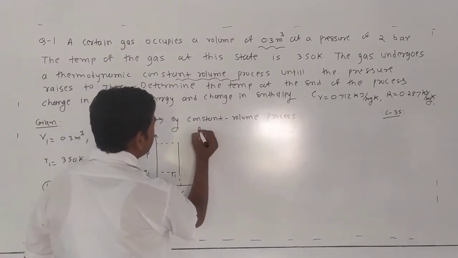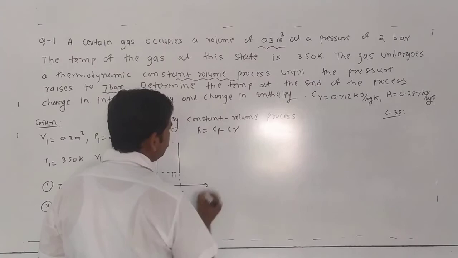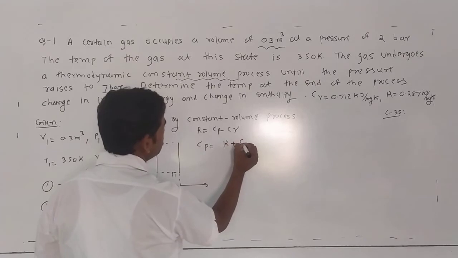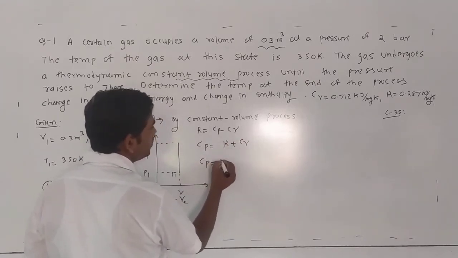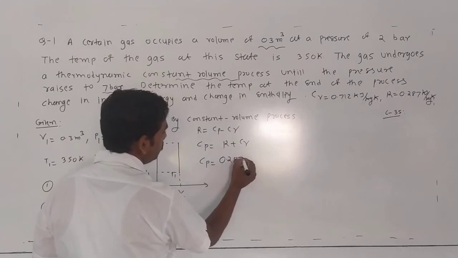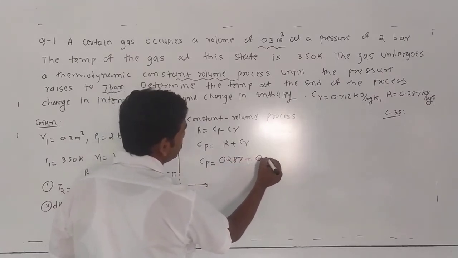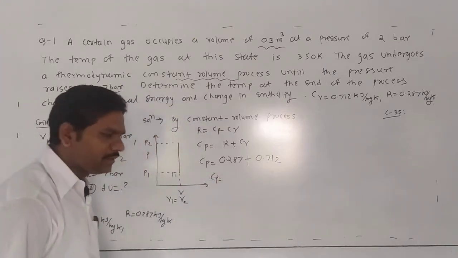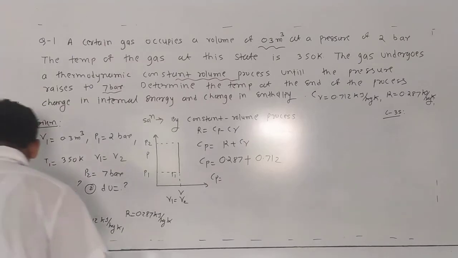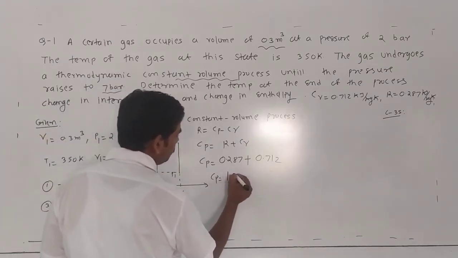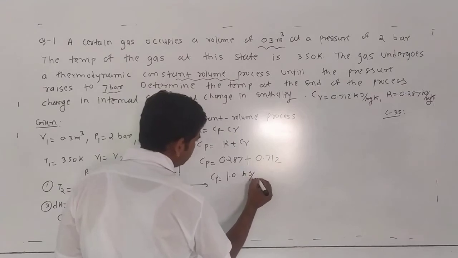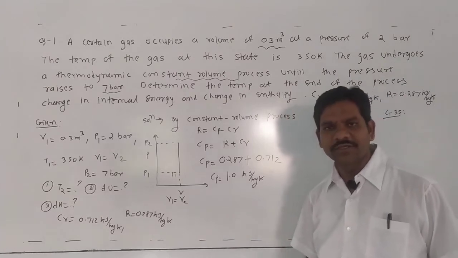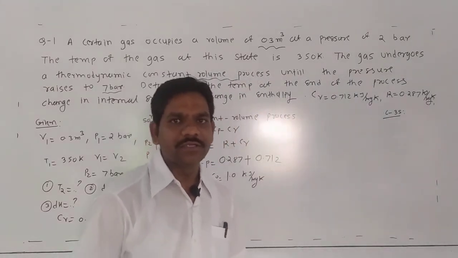By the relation R is equal to Cp minus Cv, we determine the value of Cp. Cp is R plus Cv, which is 0.287 plus 0.712. Calculate in your calculator, it is 1.0 kilojoule per kg Kelvin. We determined the value of Cp, the specific heat at constant pressure.